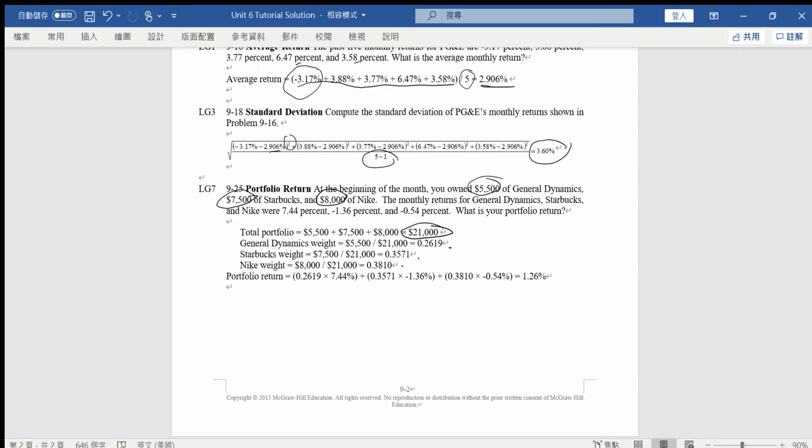Then you multiply each return by its weighting: General Dynamics, then Starbucks, then Nike. You use that to work out the overall average of your portfolio, and your portfolio return is around 1.26%. That is the portfolio return.